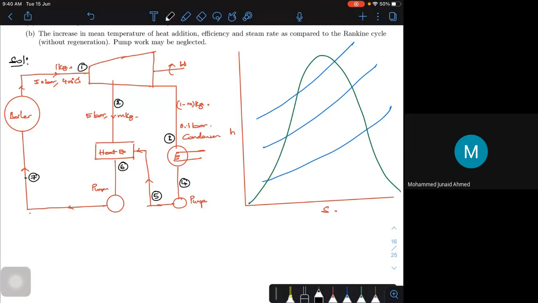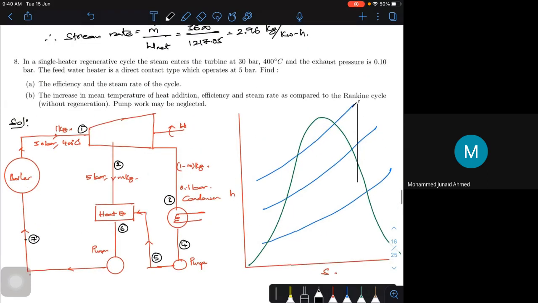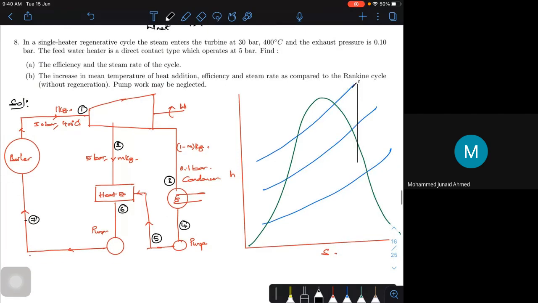So what's happening here? I have the point 1, which is in superheated condition. So let me call this point 1. I will expand to point 3. I'm not sure whether it is dry or something, so let me go to this particular point. This is how it is expanding; its expansion is in this direction.